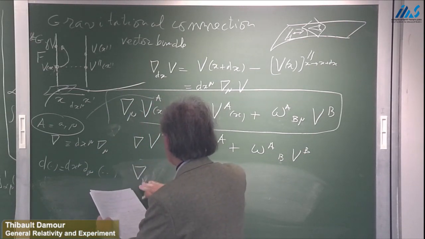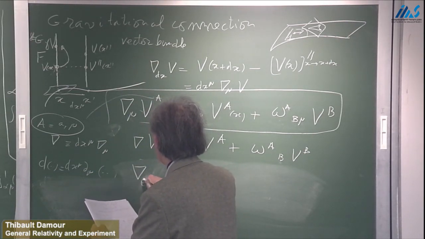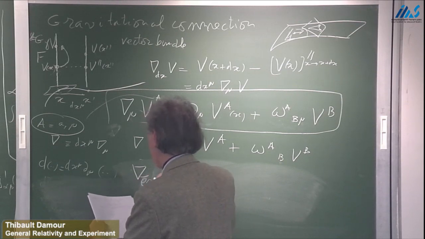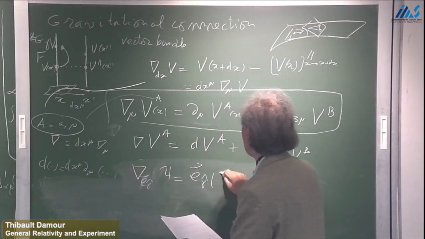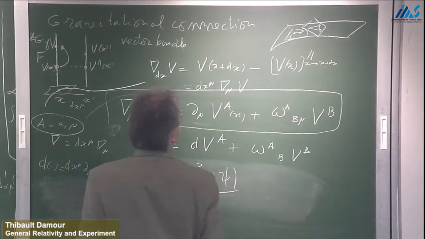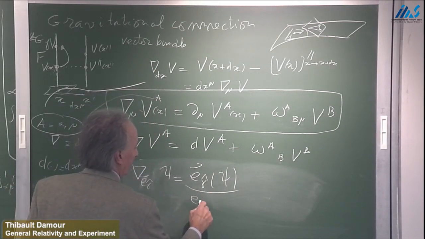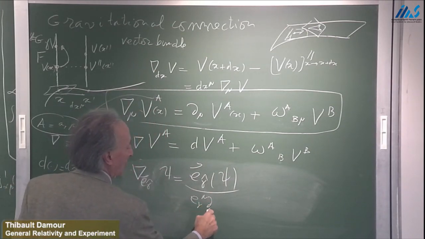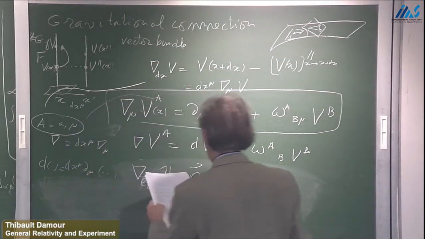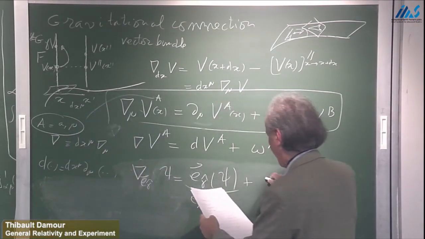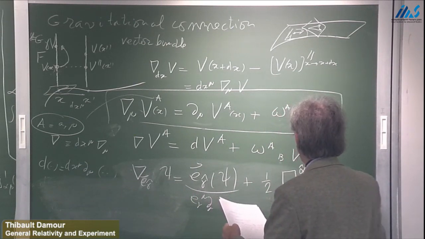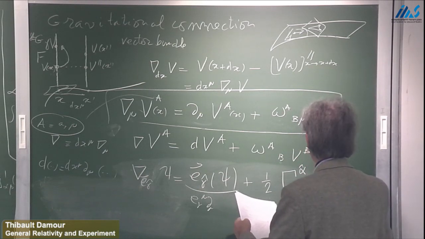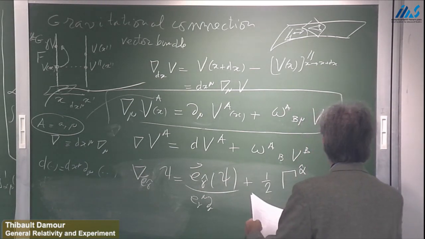So first, let me define the covariant derivative along the frame element E gamma of a spinor. This thing means the directional derivative along the vector E gamma, which means E gamma mu d mu acting on psi as if it were a scalar, plus 1/2 of gamma alpha beta gamma sigma alpha beta psi.